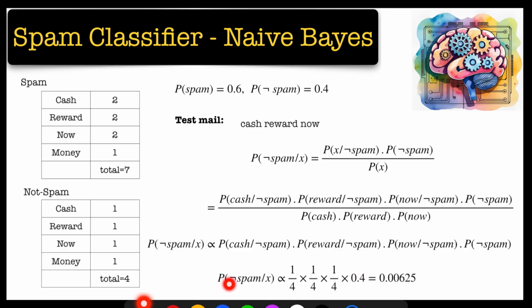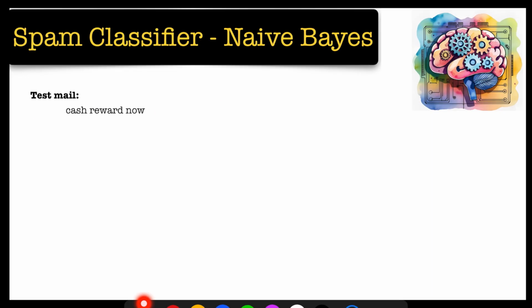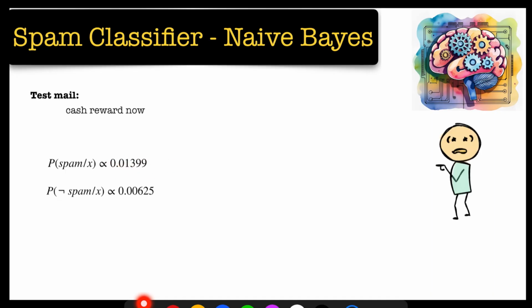So probability of not spam for given this test email is proportional to this number. So for this test email, we got probability of spam given x is proportional to this. Probability of not spam given x is proportional to this. So of course this is higher. So we can say this test email is a spam.